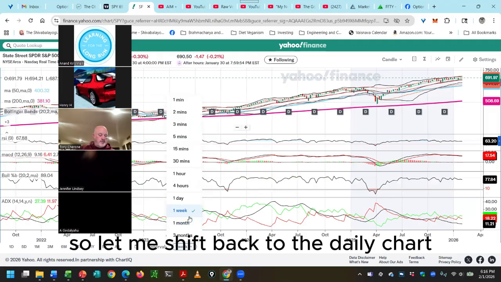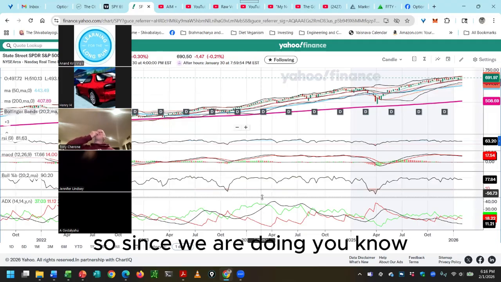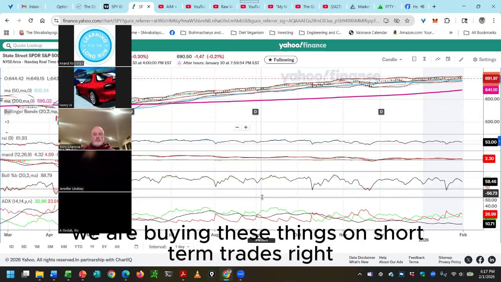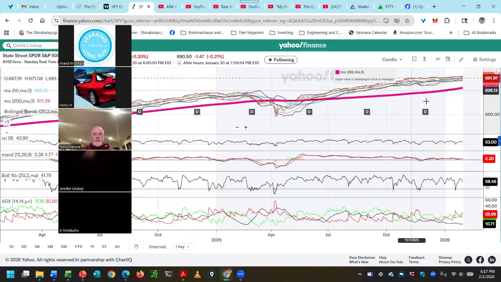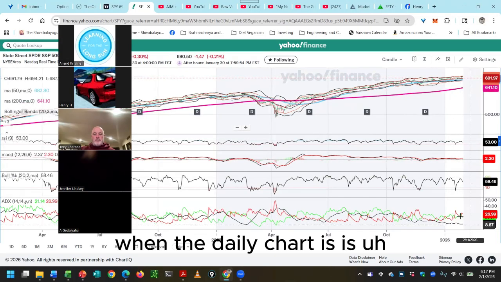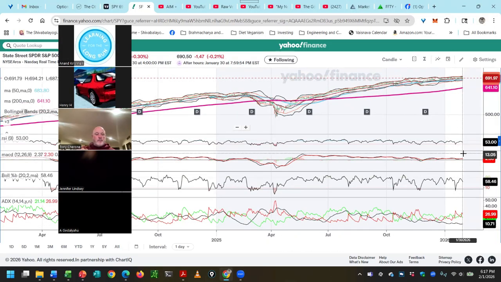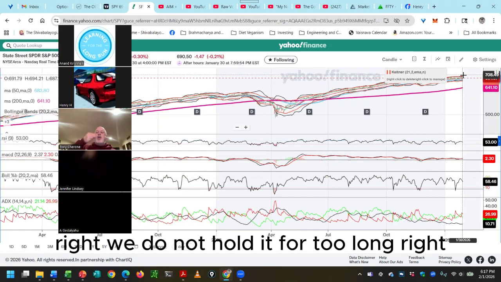So let me shift back to the daily chart. Since we're buying these things on short-term trades, when the daily chart is showing a sideways kind of motion, we do not hold it for too long.